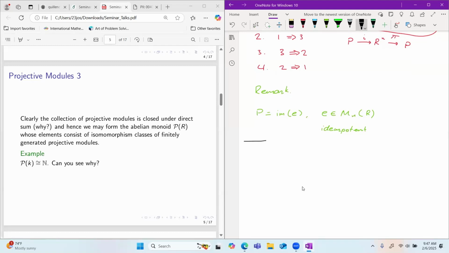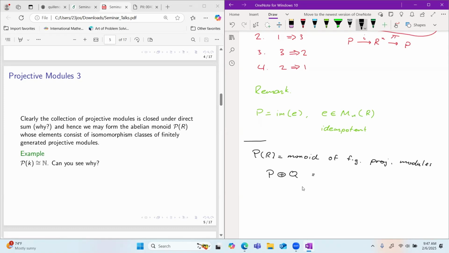So we always have this P of R here, which is a monoid under direct sum, of projective modules. And the addition rule is just direct sum.